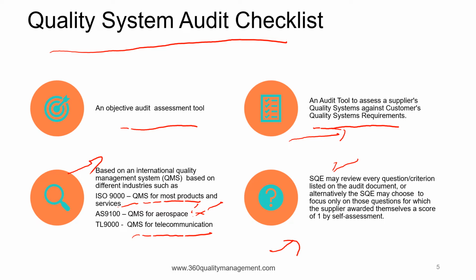Alternatively, the supplier quality engineers may choose to focus on those questions at a high level, or those questions that suppliers awarded themselves with a score of 1, and they will reason out with the suppliers why they deserve a 1. Remember, we have over 200 questions. It will be very tedious to question the suppliers one by one.